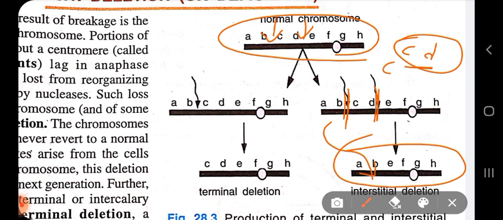So as you can see, if there is a loss of such a segment in the chromosome which has some important functions in our body, then it will have a deleterious effect on diploid organisms. Not so much on polyploids because they have more than two sets of chromosomes. Even if one chromosome has a deletion, there will not be any problem.